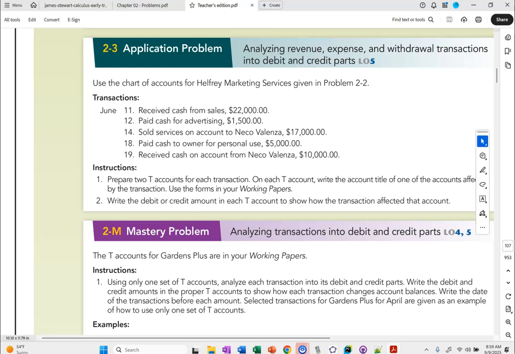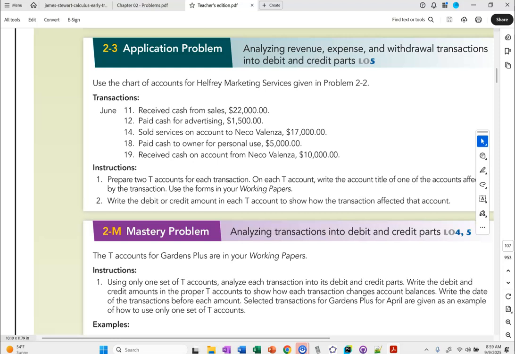Advertising expense is a debit, cash is a credit. June 14th, your accounts are accounts receivable and sales. Accounts receivable is $17,000 of a debit. Sales is a credit in the same amount.